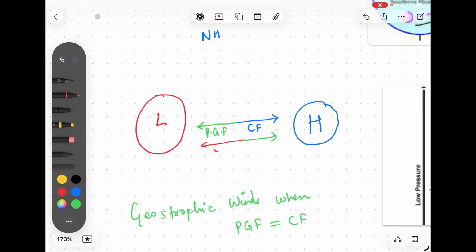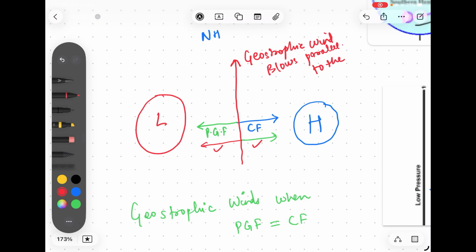So when these two forces are equal, there is a wind, that is the geostrophic wind, that blows parallel to the straight isobars. So this is the wind.